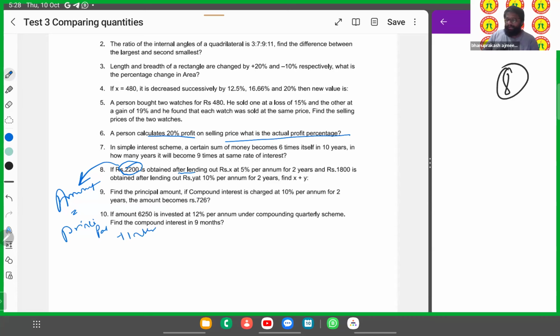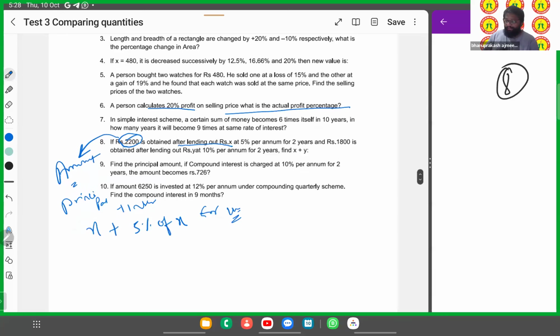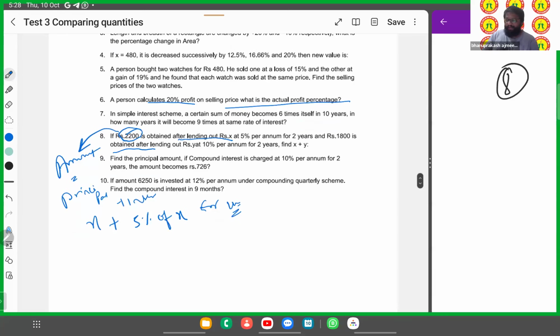We don't know X, plus interest at 5% per annum, 5% of X for 2 years. And rupees 1800 is obtained after lending out rupees Y at 10% per annum for 2 years. Find X plus Y, he is asking.